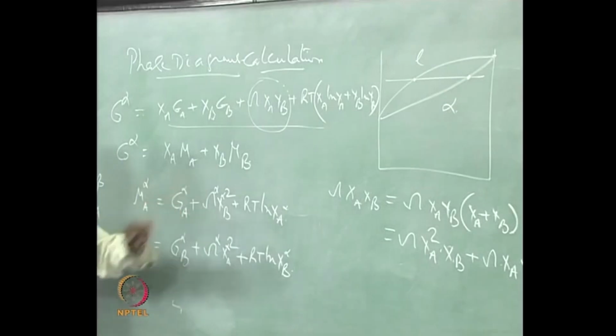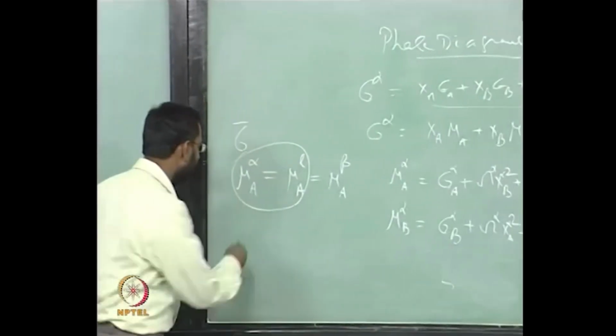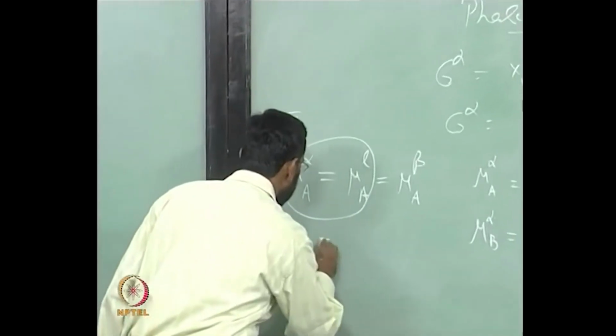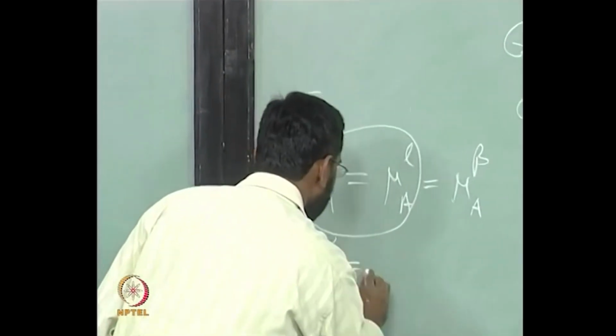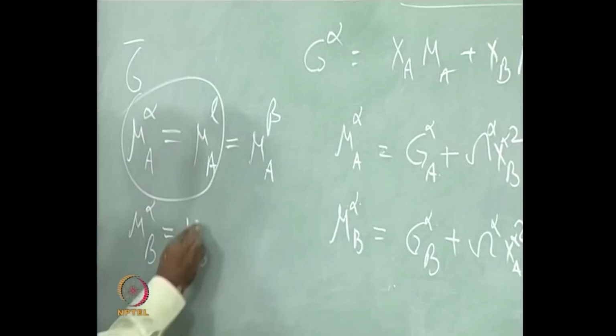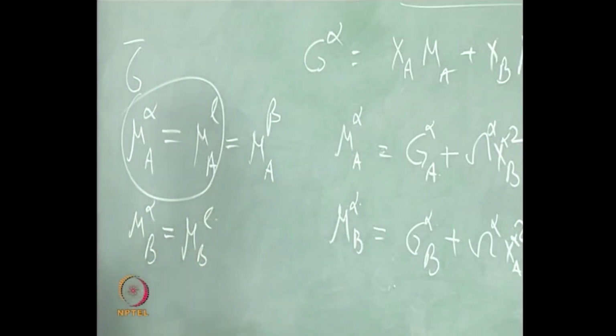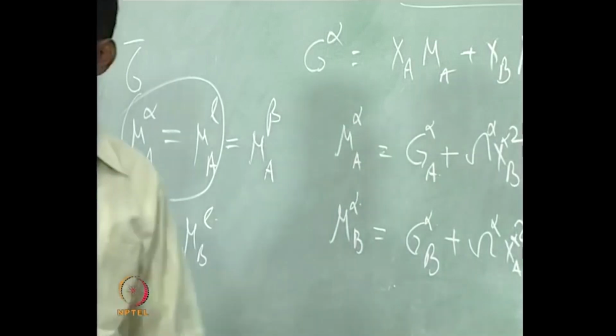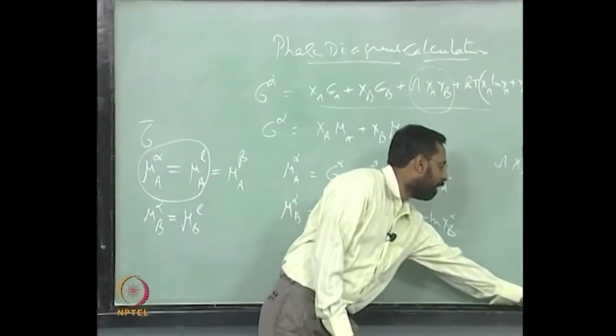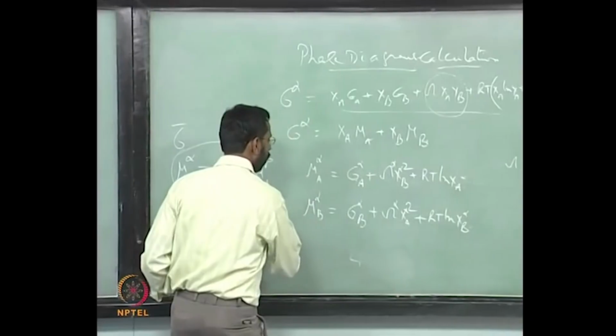Once you get this, you can simply equate these two, equating mu B alpha to mu B liquid. Once you equate this, you see how many unknowns there are, how many things we need to find out.